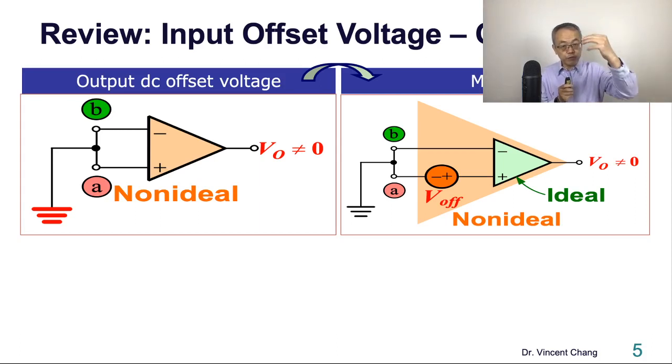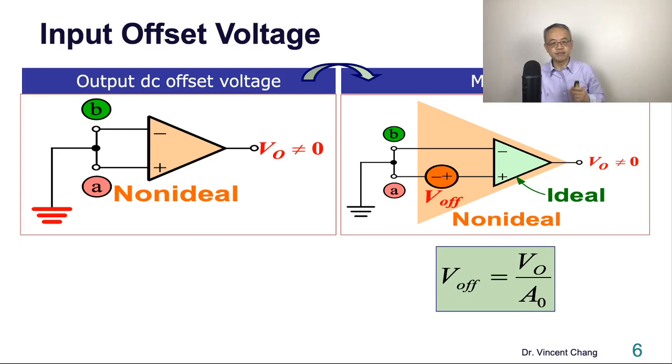And they also go further. Think about the original output, VO. It is generated by the differential DC input, which is the input offset voltage, multiplied by the differential gain. In other words, V offset times differential gain equals the original DC output offset voltage.